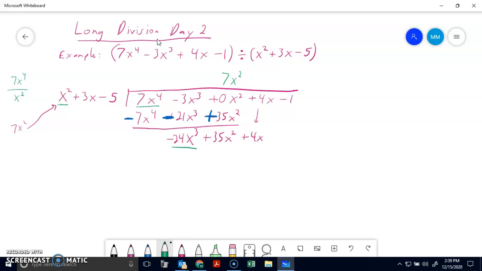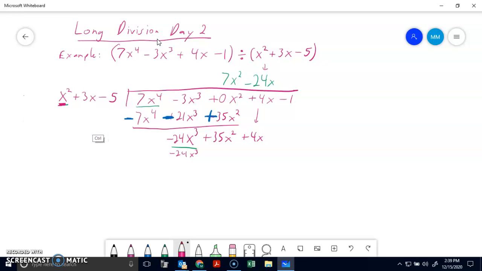First terms only when I'm dividing. So I'm going to divide 24x to the third divided by x squared. Gives me negative 24x. So let's multiply that through. That gives me negative 24x to the third. We're multiplying the negative 24x from up here by all three of these.